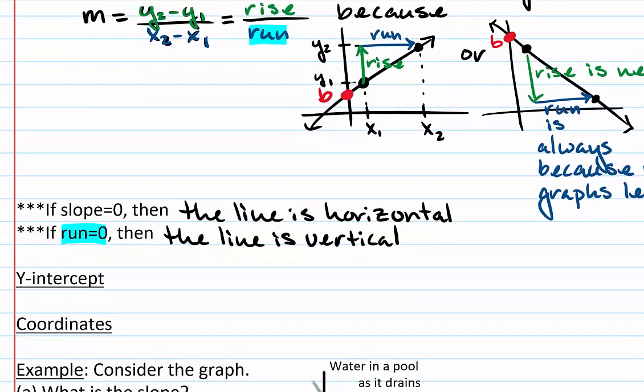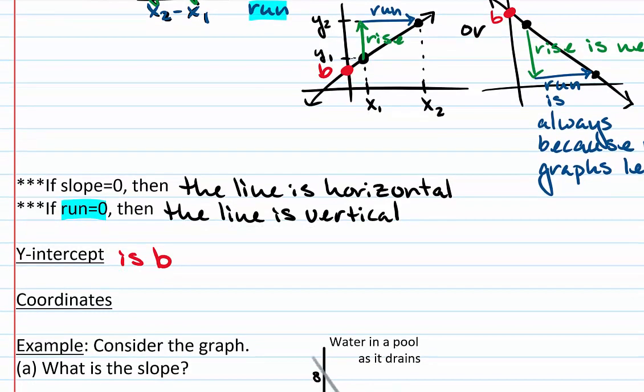As I mentioned earlier, the y-intercept is b. It's just wherever the graph crosses the y-axis. Coordinates, you'll see this word in MyLab. Coordinates are always listed like this: parenthesis x comma y parenthesis, like x1 comma y1.